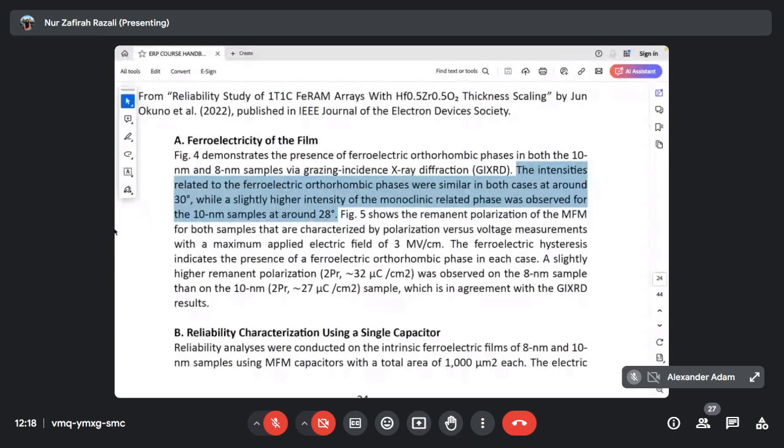Cliff. Commenting. Alex, reporting or commenting?